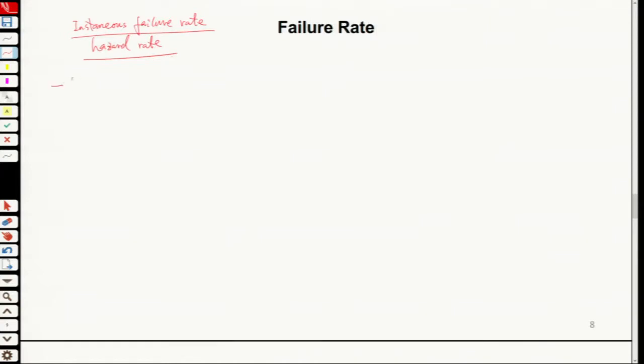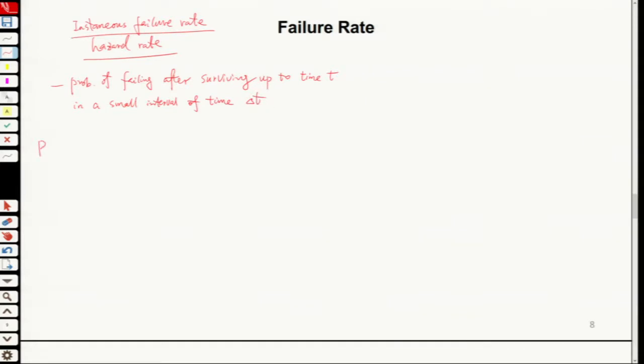It is the probability of failing after surviving up to time t, in a small interval of time delta t.